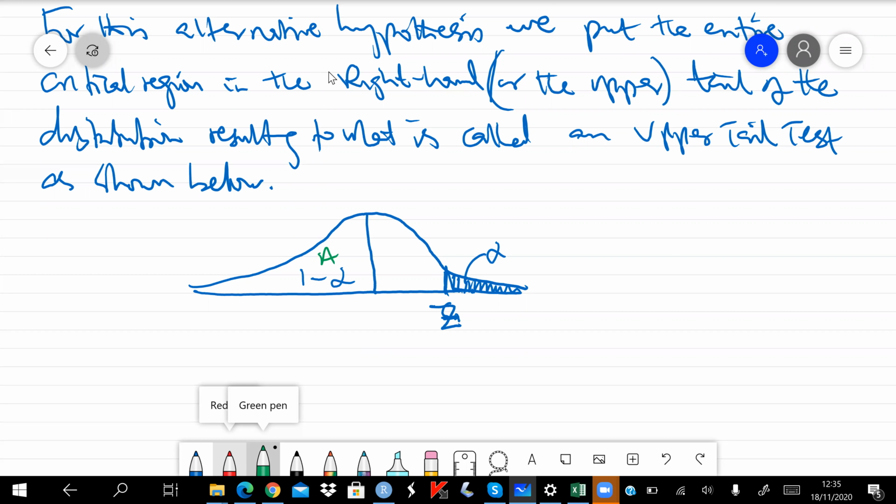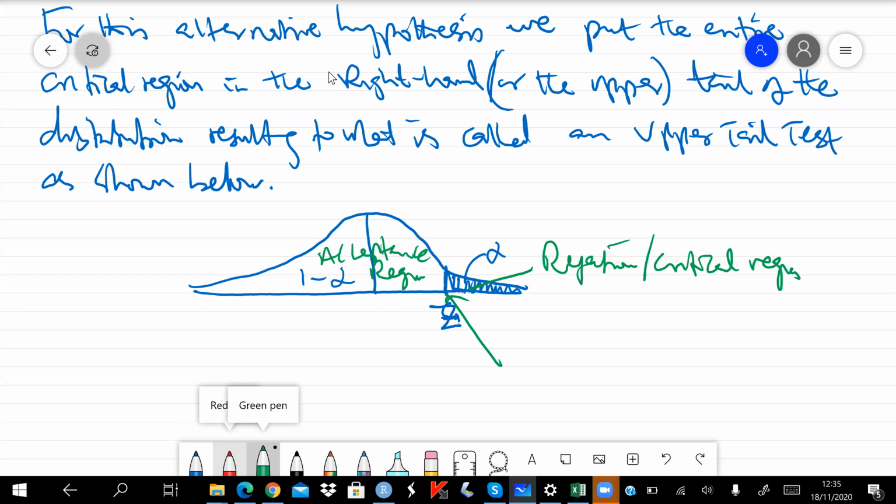This is the acceptance region, and this one is your rejection region, also known as the critical region. This point here is your critical value. So this is what you call an upper tail test.